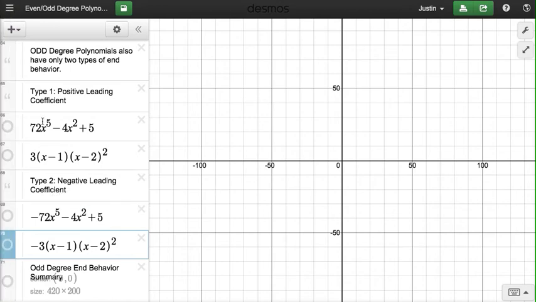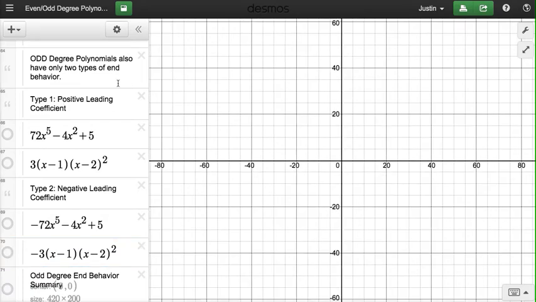Okay, we're going to look at what a positive leading coefficient actually looks like. We can do nothing until I know for sure this is an odd degree polynomial. So I look at this polynomial quickly. I see there's x squared, x to the 5. 5 is biggest, so therefore it's odd, degree 5.